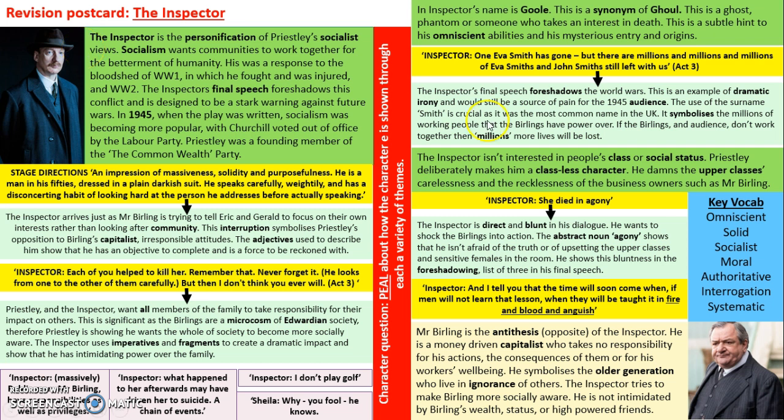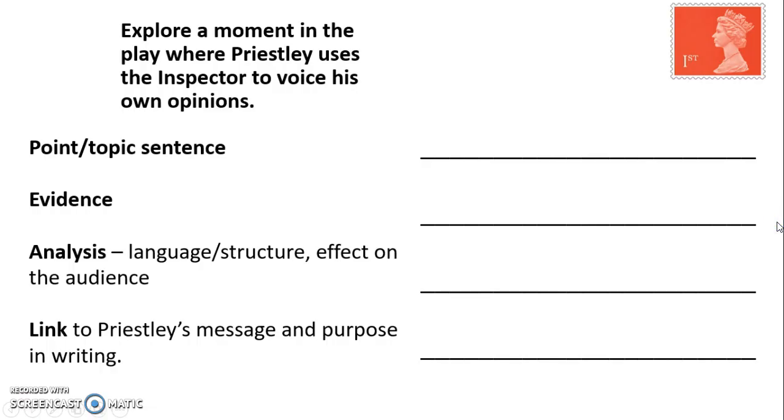Some excellent points and terminology here. After having a read, please do attempt the question: explore a moment in the play where Priestley uses the inspector to voice his own opinions. This question is a moment question, aimed at the OCR exam board, but you can rephrase it to match your exam board's needs as well.